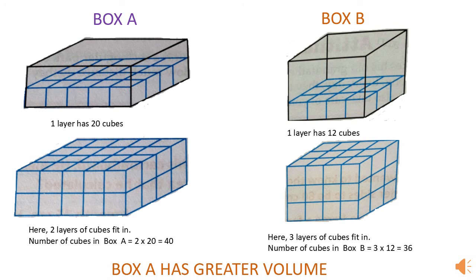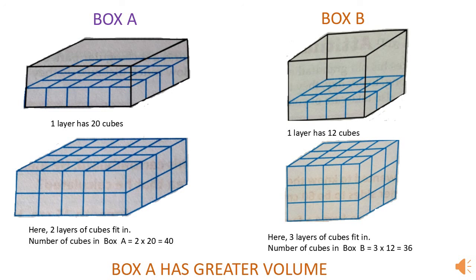Okay, and in box B, first layer has 12 cubes. Okay, now in box A, you can see that 2 layers of cubes can fit. So number of cubes in box A will be 2 into 20, that is 40 cubes, and in box B 3 layers of cubes fit.